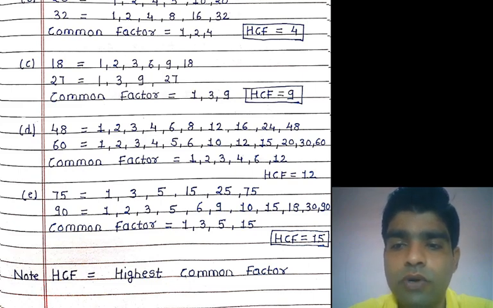It means you have to denote it by HCF. This is our all three steps followed to find the highest common factor. I hope every student understood how we can find the highest common factor.